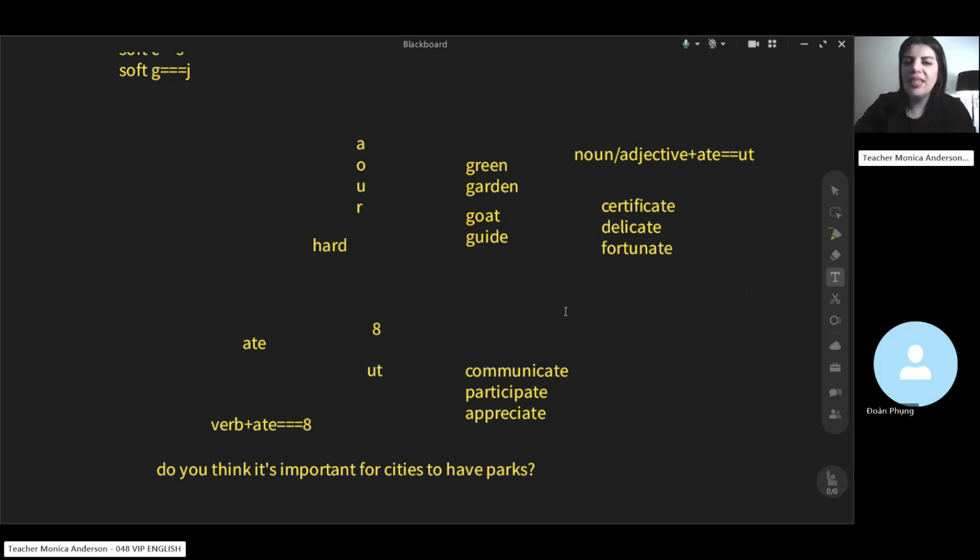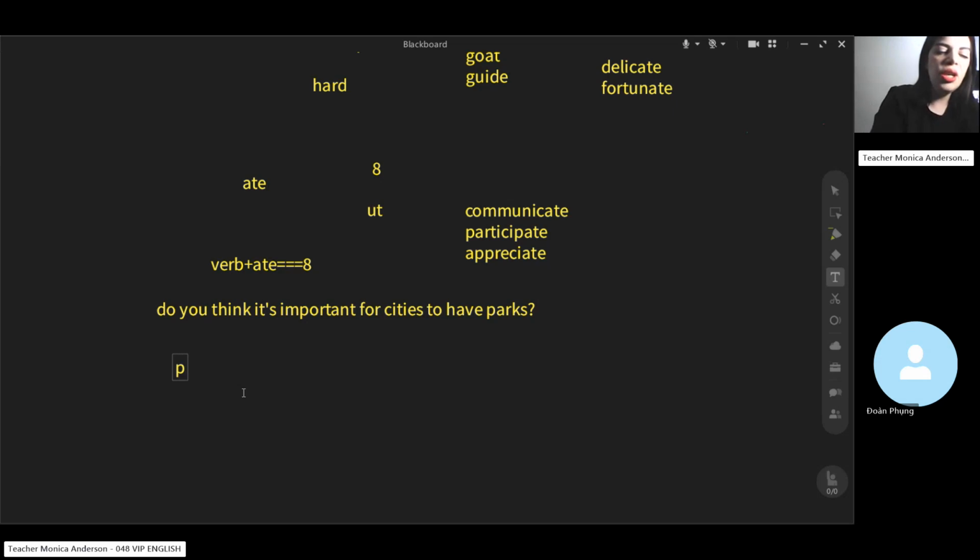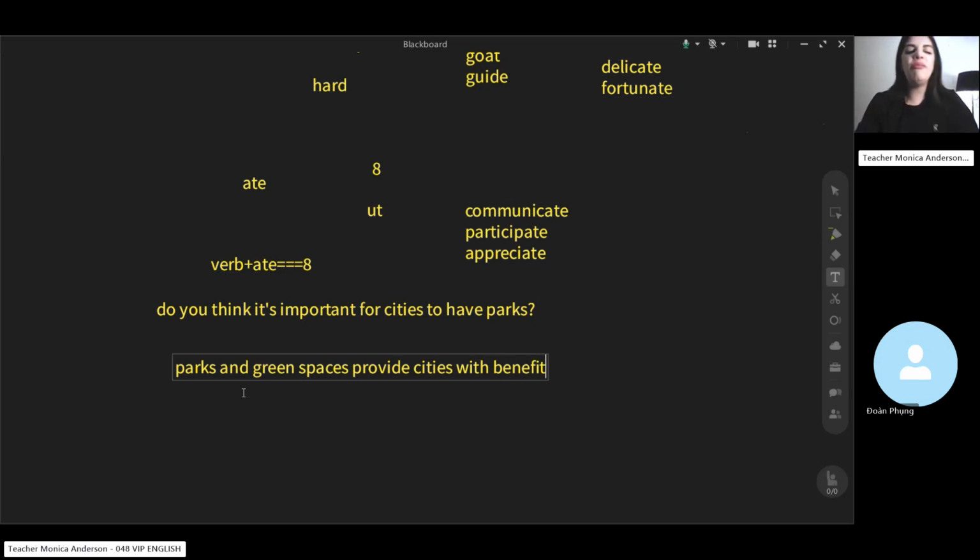Very good. The first part was really good and it's definitely essential. But you said parks have lots of benefits. It's correct. But why not say parks and green spaces actually provide cities with a lot of benefits?